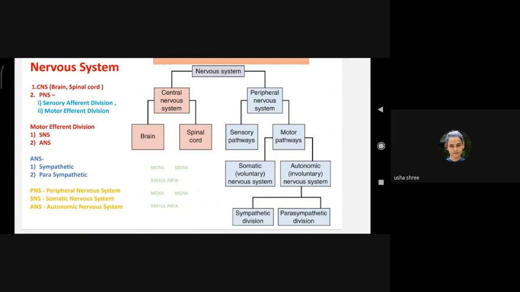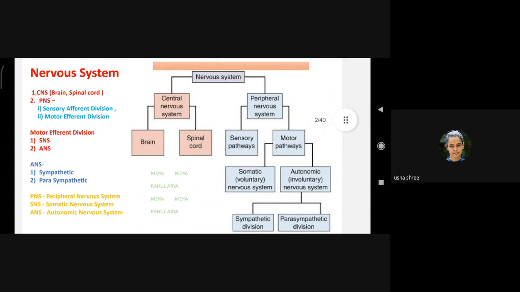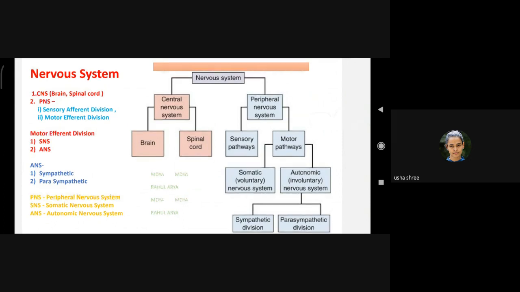Okay, for example, suppose a mosquito is biting your hand or your leg or any part of your body. Let's suppose it is biting the index finger of your left hand.